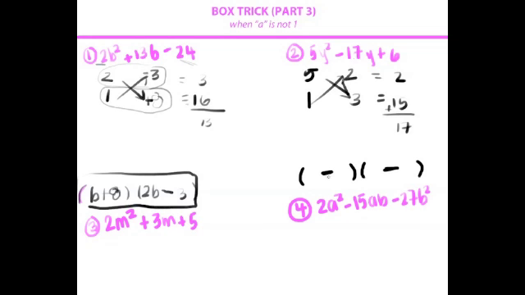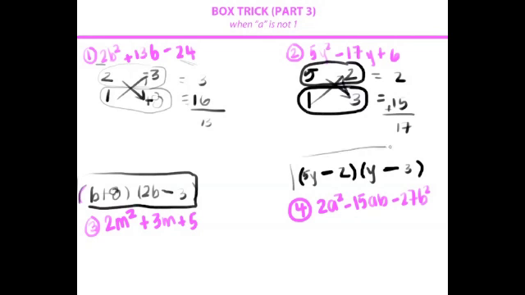We don't have to worry about signs, because since it's a plus, they're both minus, minus. So we just group them going across. And we have 5y minus 2, y minus 3. And then done. Okay.